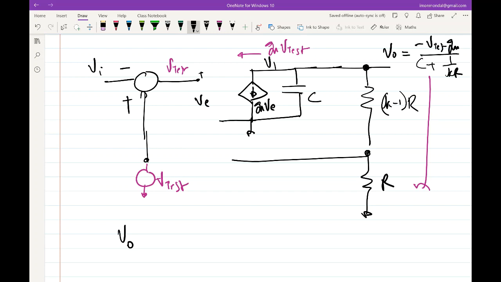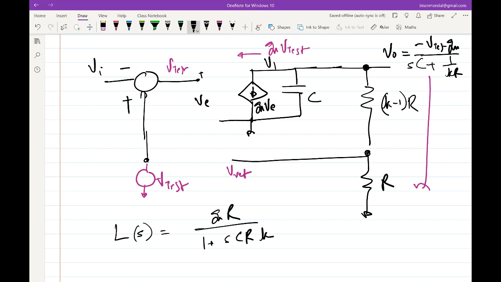So SC plus 1 over KR, and this gets divided by a factor of K when it appears at the return terminal. So your loop gain is GMR by 1 plus SCR times K.